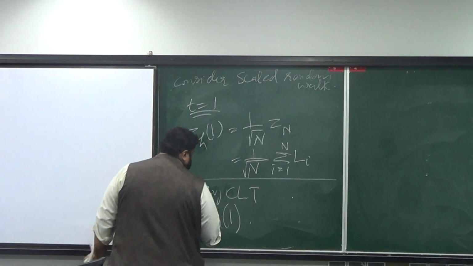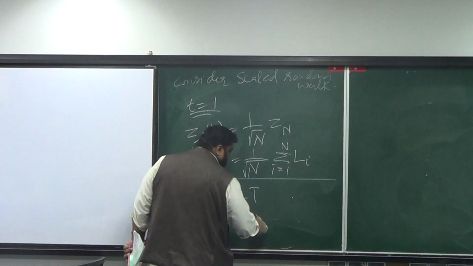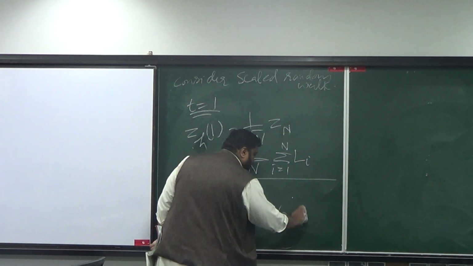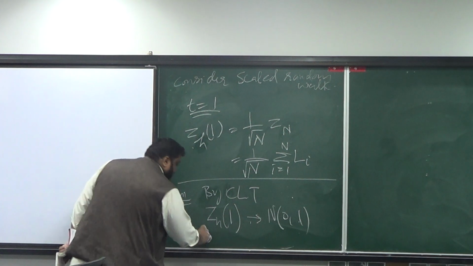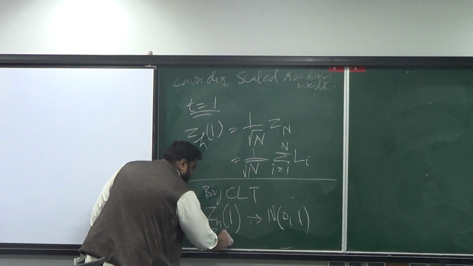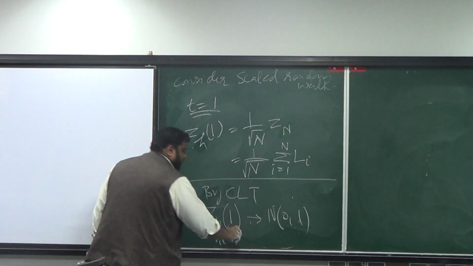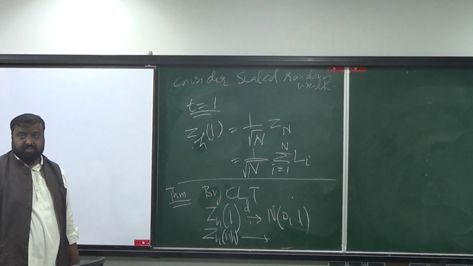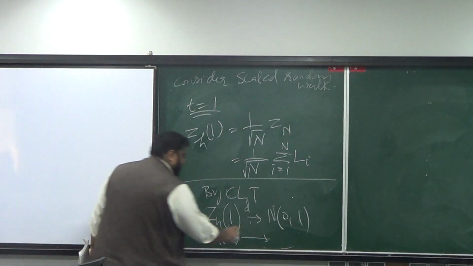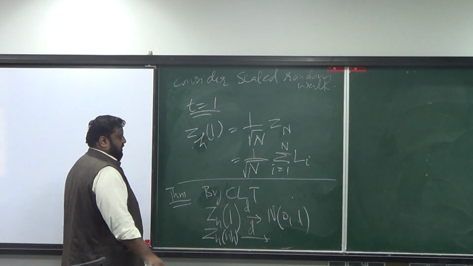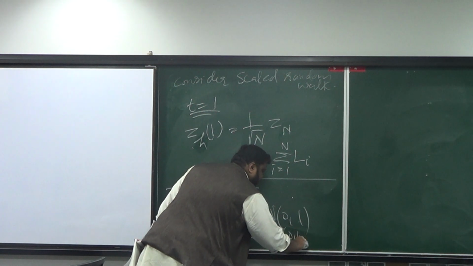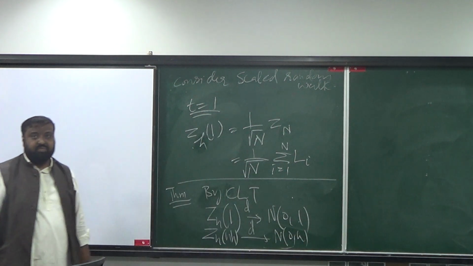In other words, Zh(1) is going to be normally distributed with mean 0 and variance 1. And you can also prove that Zh(h) would converge, but converge in what sense? Converge in distribution to N(0, h) actually.